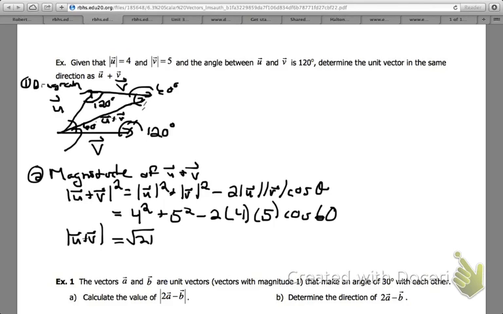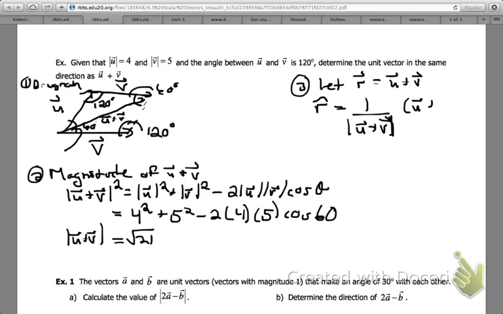Now our third step is to actually find our unit vector. We're going to let r denote u plus v in this case. So our r caret is equal to 1 over the magnitude of u plus v times u plus v.